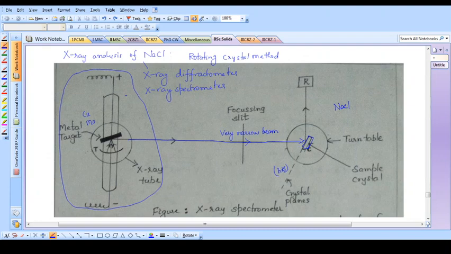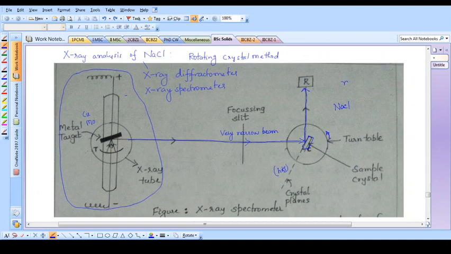So what we do now is we rotate this turntable, such that the crystal is exposed to the X-rays at various angles. At those angles, the X-rays are diffracted and the intensity of the diffracted X-rays is collected in this recorder, which may even be a detector.